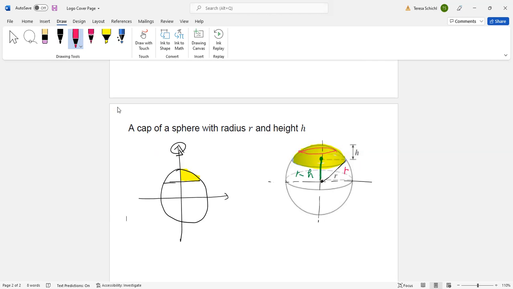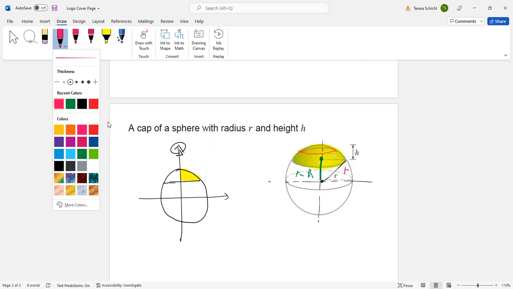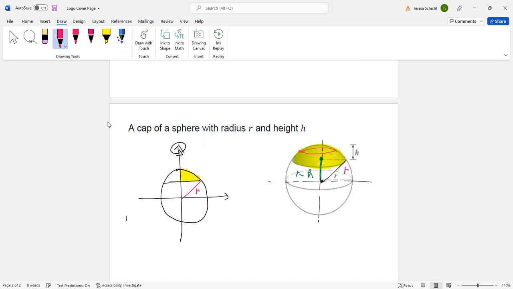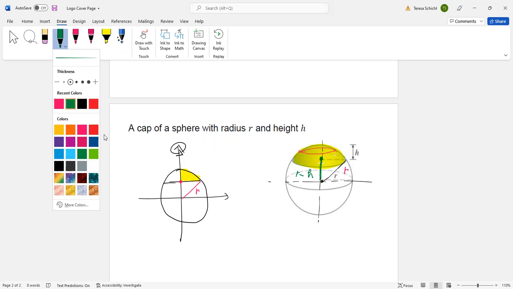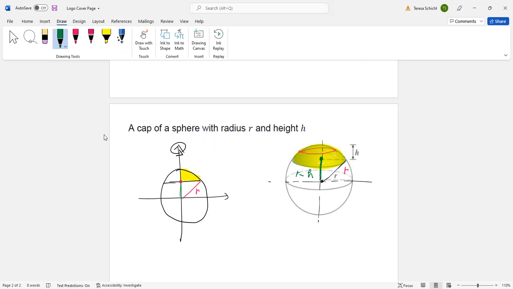Now let's take a look at how we do it. We know from here to here is my radius r, correct? This point here will be 0 and r minus h.